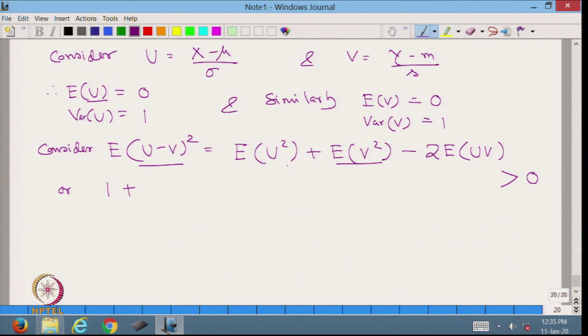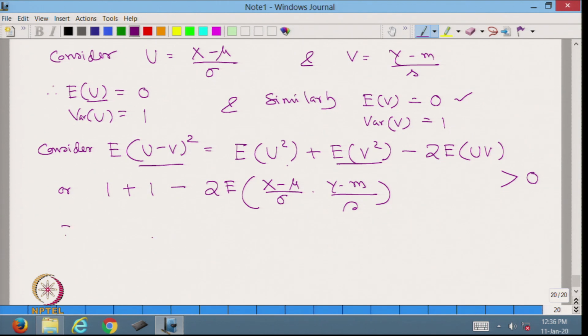In a similar way, expected value of v square is equal to 1, because expected value of v is equal to 0. So it is 1 plus 1 minus 2 times expectation of x minus mu by sigma into y minus m upon s.